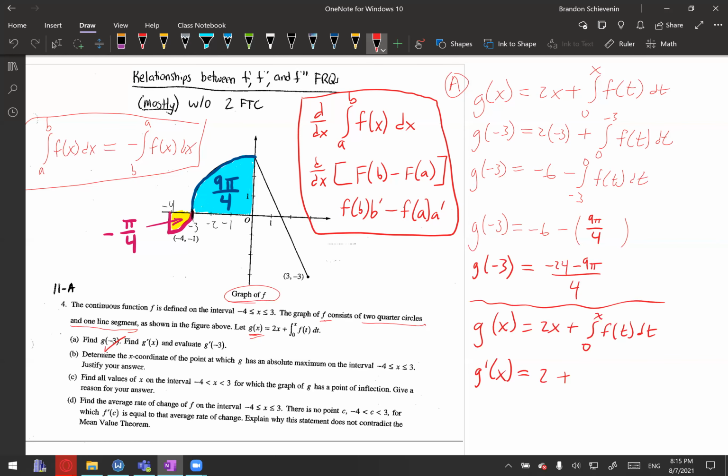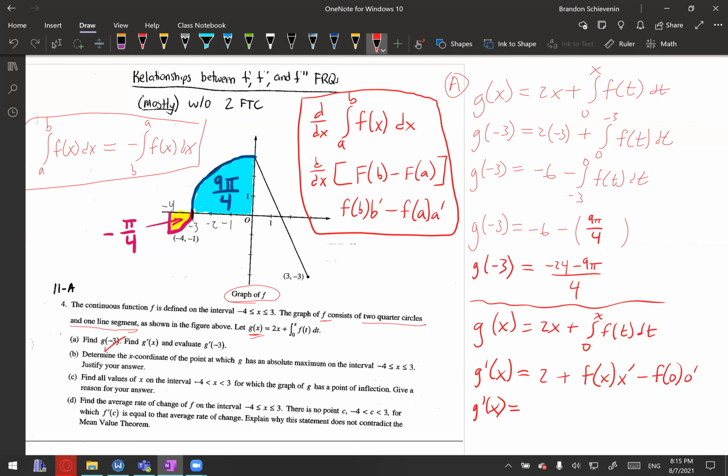Okay, with that, if I wanted to derive the integral of f of t from 0 to x, what would happen? F of x times x prime minus f of 0 times 0 prime. Okay, and we'll simplify a little bit.